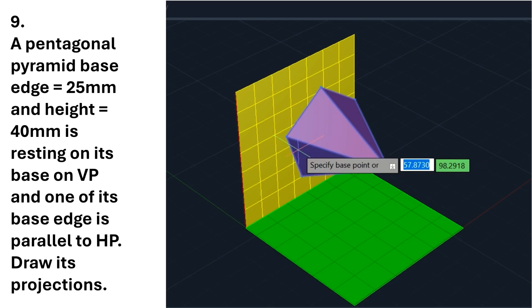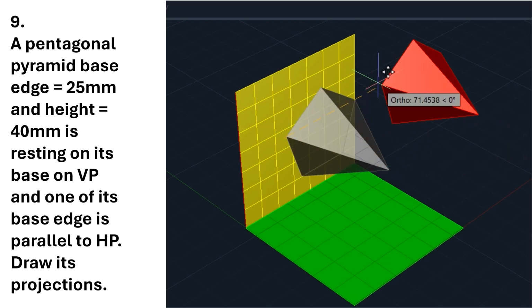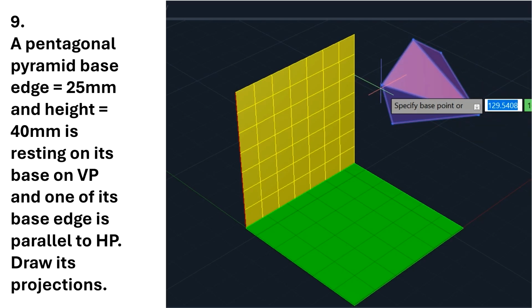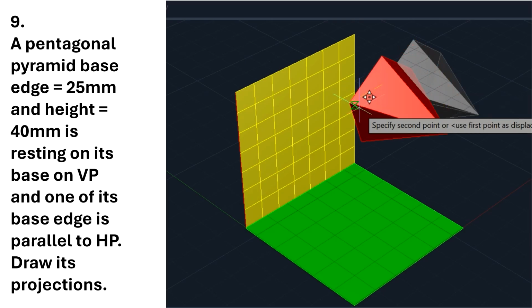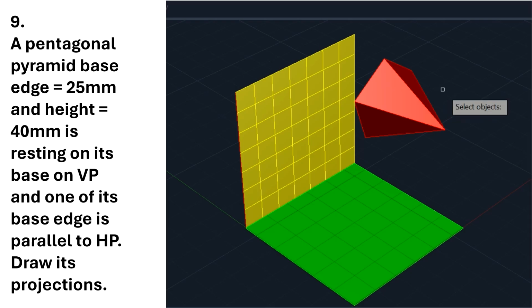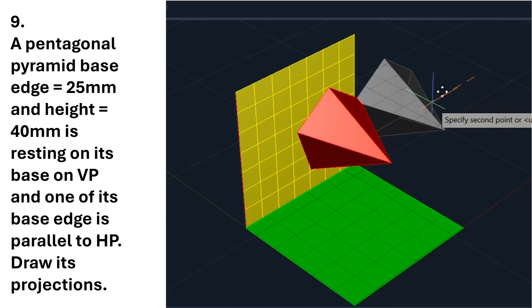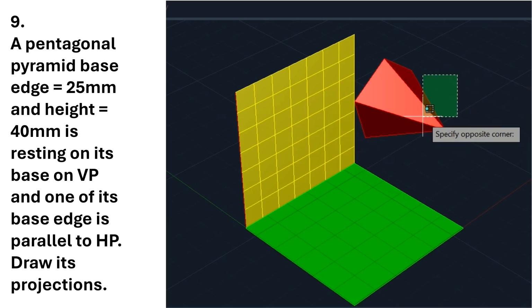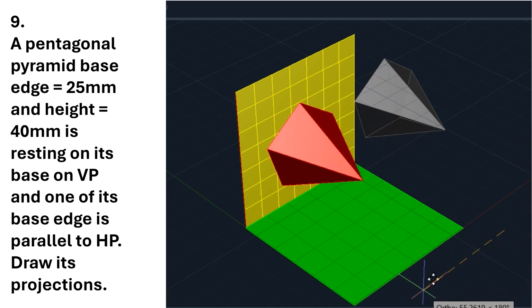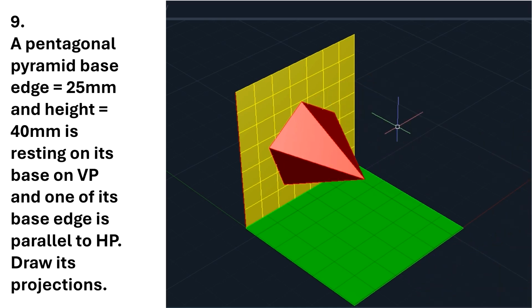In order to exactly locate the base on the vertical plane, I will take this base edge and place it here onto the midpoint. Then I can comfortably move it onto the plane. So then I will move the solid here, and now this pentagonal pyramid is resting on the vertical plane.